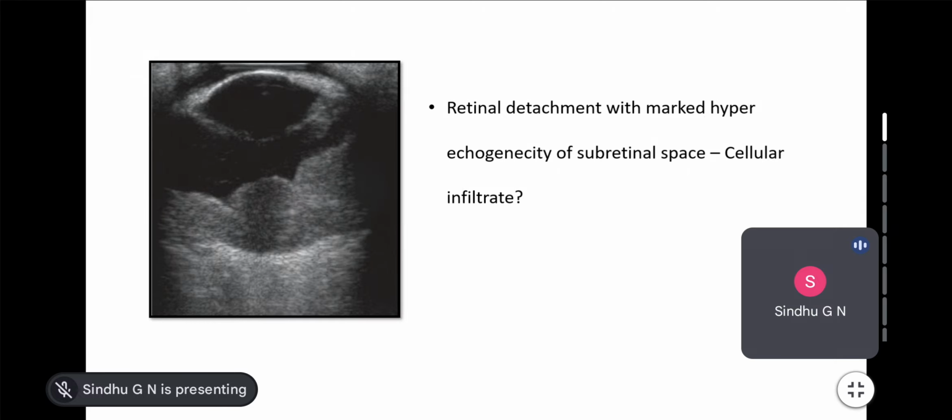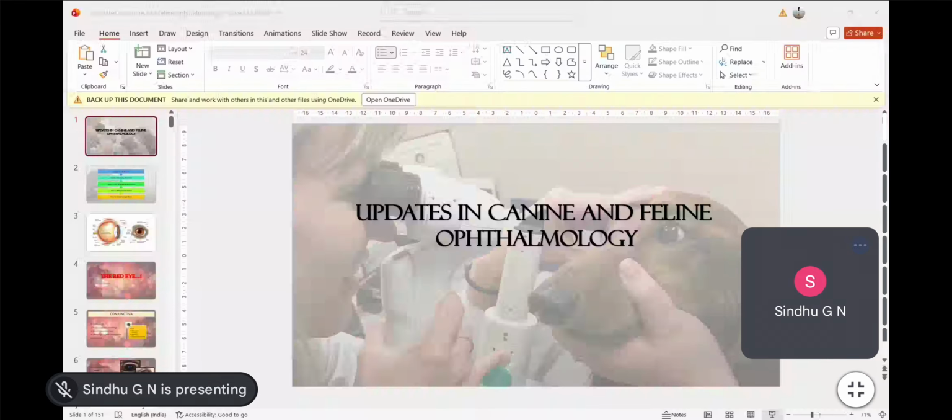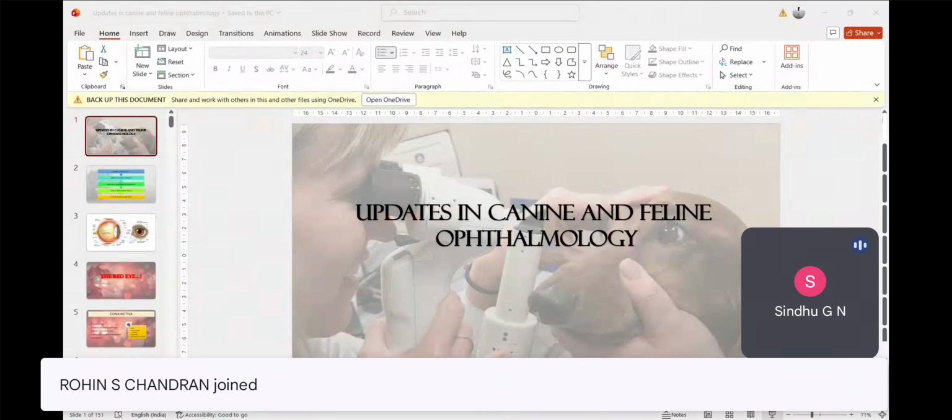So I would like to share three cases actually, because I found them informative and interesting. This one is a puppy, a 7-month-old puppy.